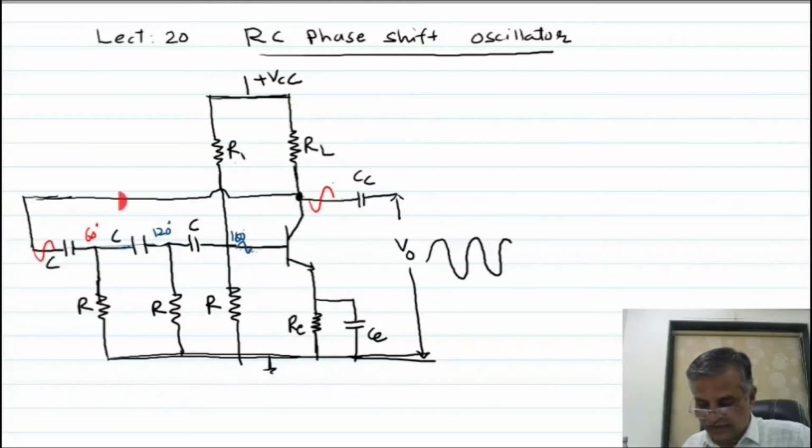This is coming from the collector. Here 60 is added, then again 60 degrees added, so 120 degrees, and another 60 added, 180 degrees. So the transistor itself produces 180 degrees plus the three RC network produces 180 degrees. Total 360 degrees produced, means zero phase shift between input voltage and feedback voltage. Hence the condition for sustained oscillation is satisfied and the circuit will work as an oscillator.